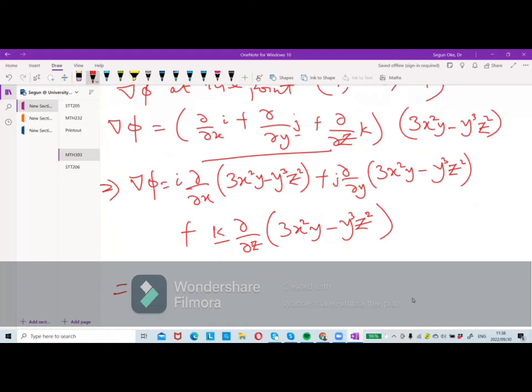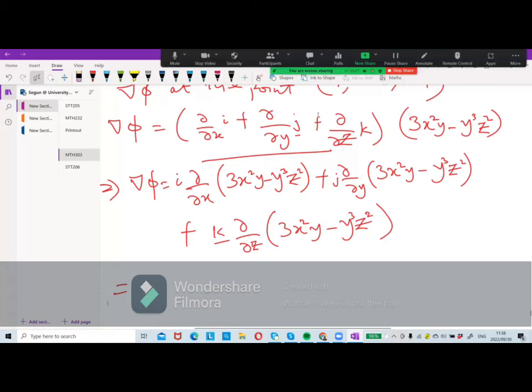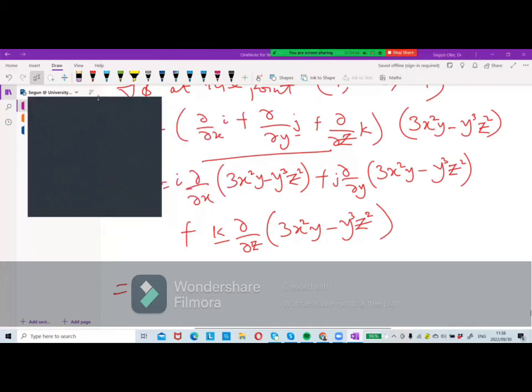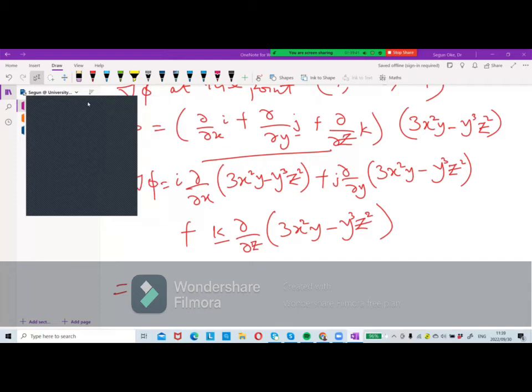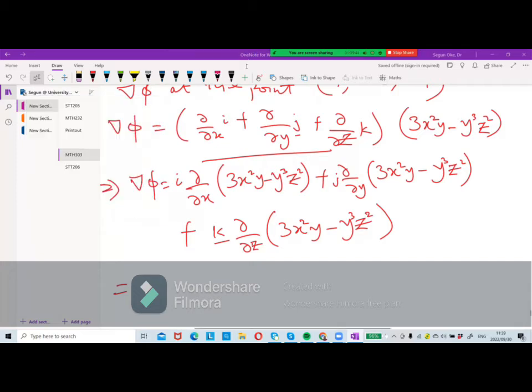So let's do the operation one after the other. Differentiate this one with respect to x, this one with respect to y, and this one with respect to z. You can see the difference. Are we there? Yes, sir. When you differentiate this one, what do you have?